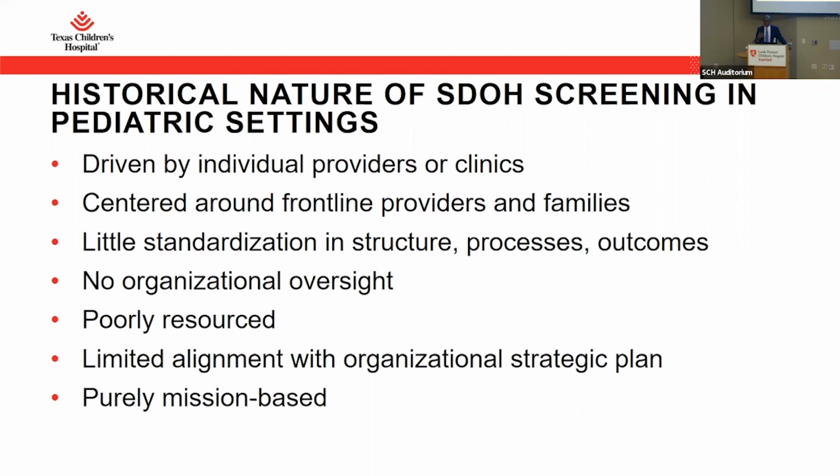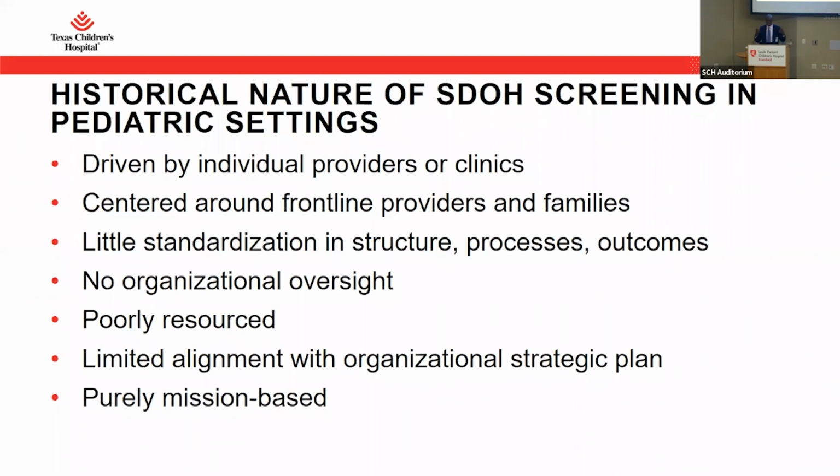I got an email last week from a cardiologist who created a comprehensive screening program, and it's phenomenal. A lot of times it's been centered around the frontline providers and families, a small unit working together, but with little overall standardization and structure in processes and outcomes.